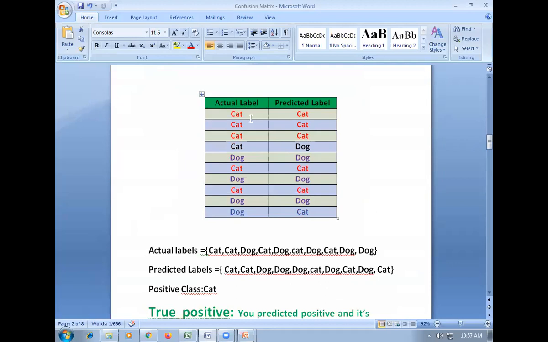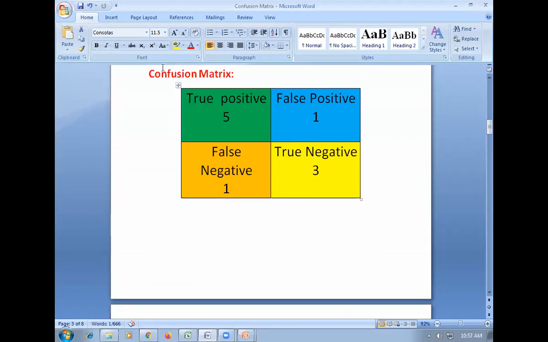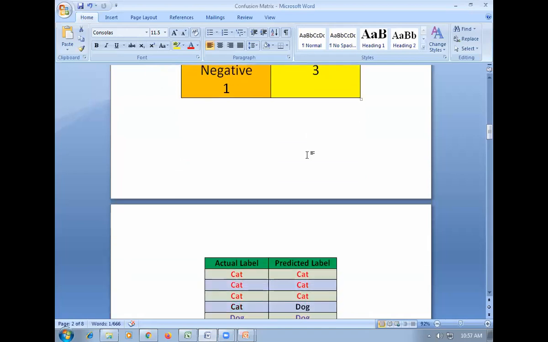I have made some changes to reflect what the accuracy will be when we consider the positive class as cat and when we consider it as dog. My confusion matrix is 5, 3, 1, 1. That is, TP and TN values are 5 and 3 respectively, and FP and FN values are 1 and 1 respectively.